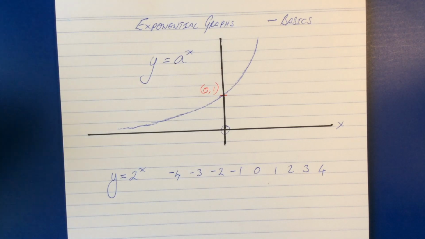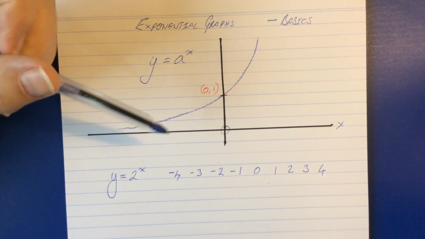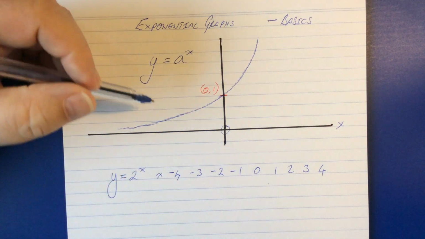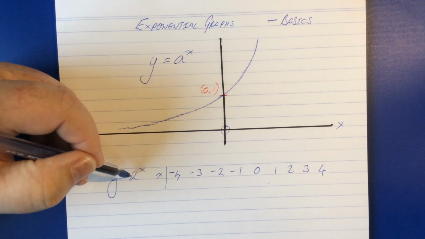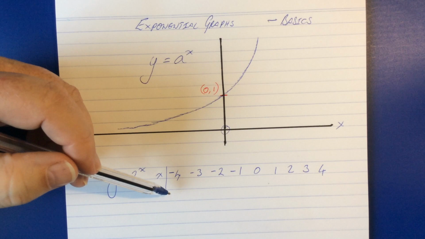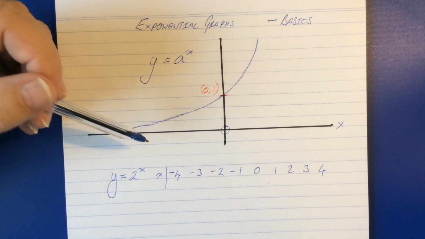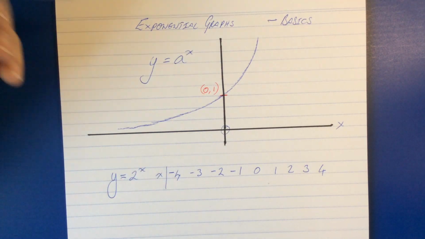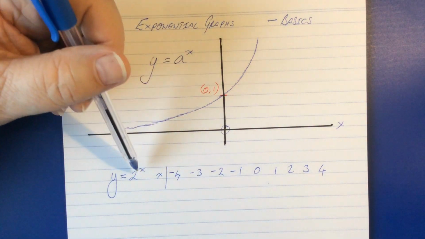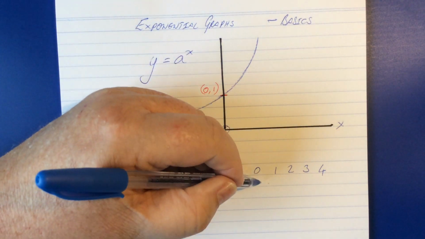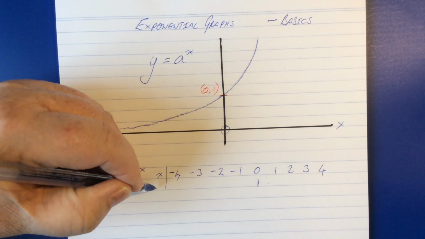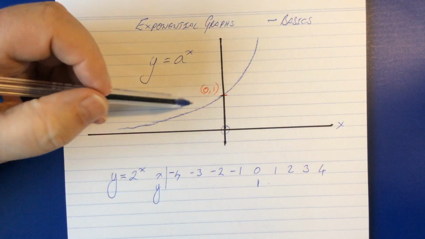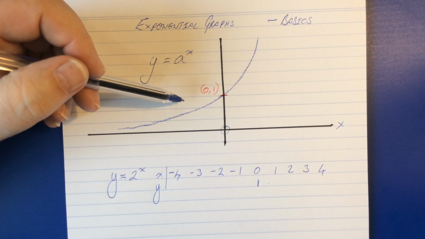We're basically going to put these values of x into this equation and come up with some numbers. So let's start with the one that I started with. 2 to the power of 0 is 1. That's our y value, 1. So that's how we get this point.